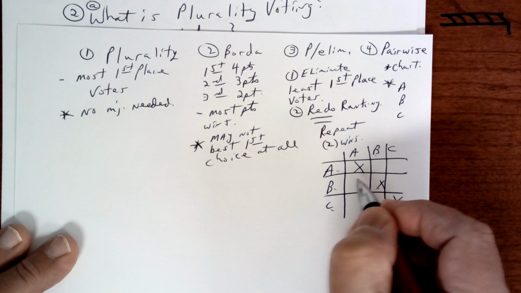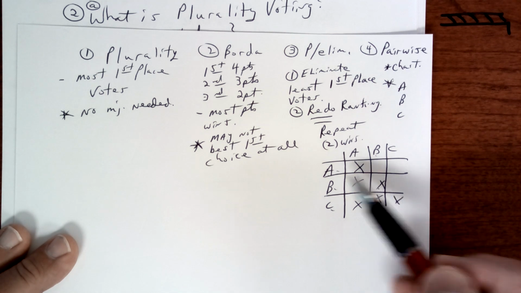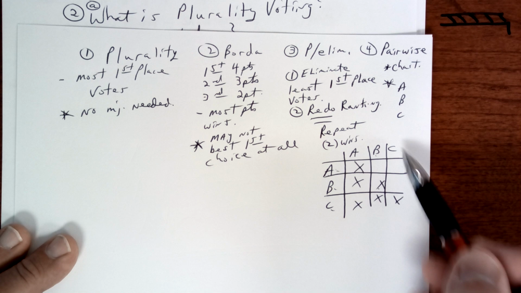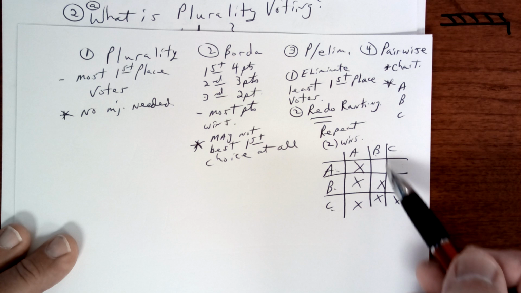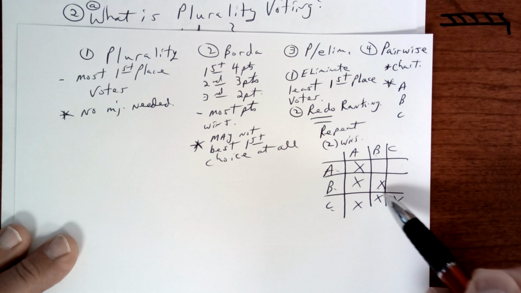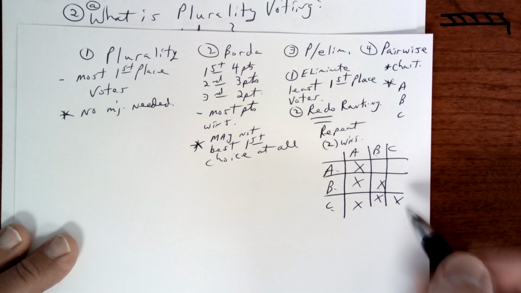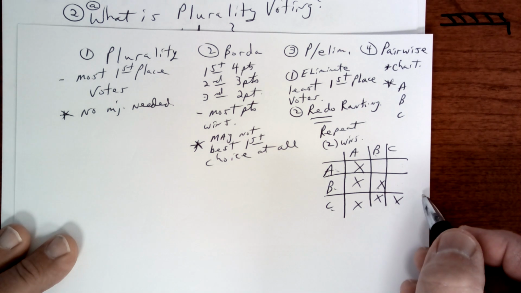So all of this would be like that. So your first comparison would be A and B, and then A and C, and then B and C. So you would make your comparisons like that.